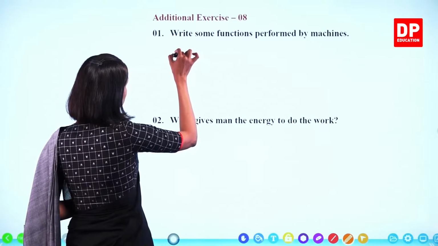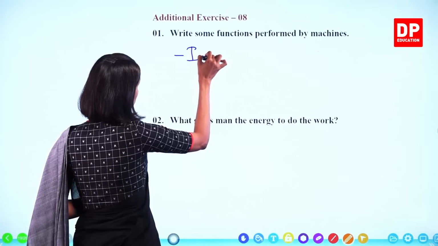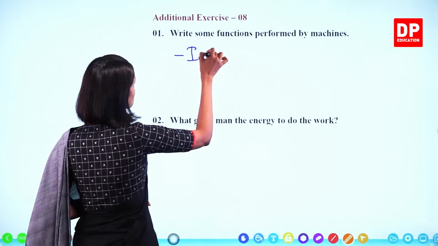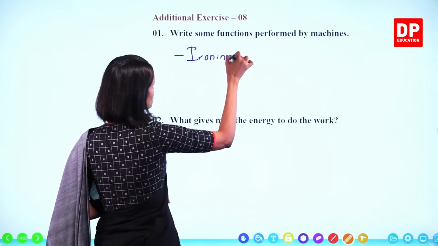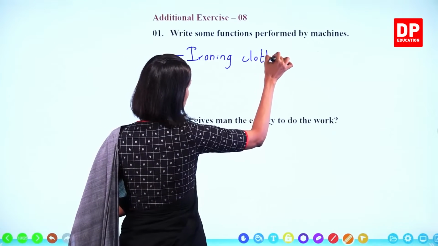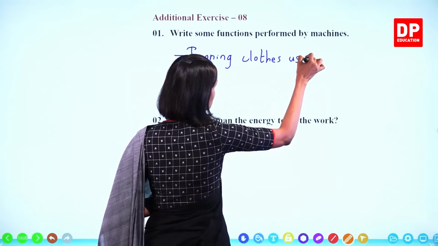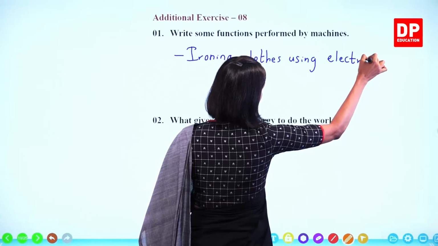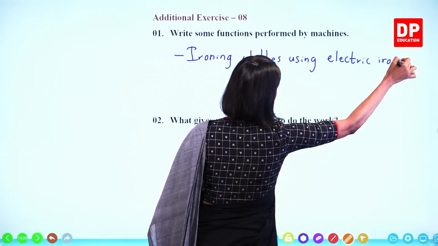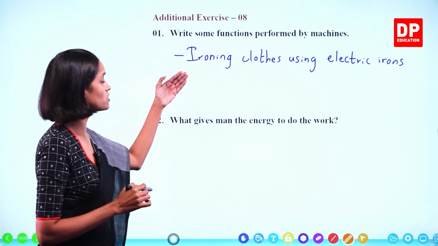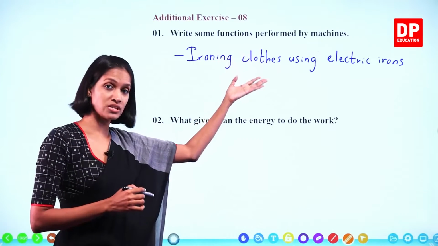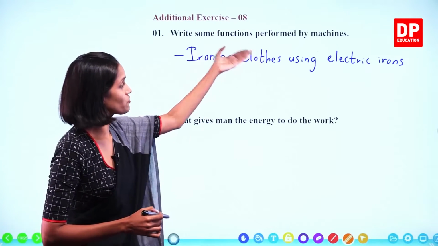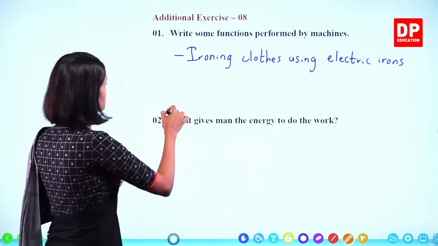We can write ironing clothes using electric irons. Because in order to iron clothes, electric irons need to use electricity. So write some functions performed by machines using electricity. Most of the time we can use electric machines, right?